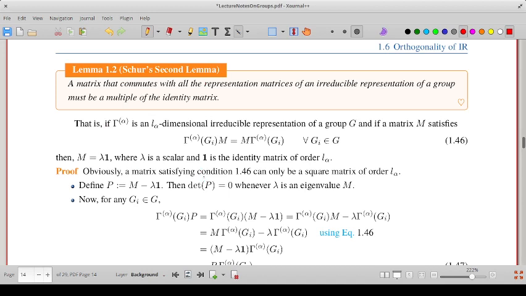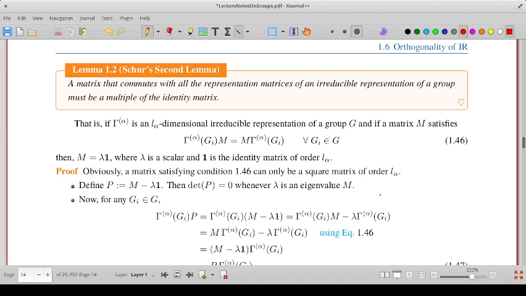To prove this, we first assume that the dimension of the representation gamma alpha is denoted by L alpha, and we define a new matrix P, which is the matrix M minus lambda times the identity matrix of order L alpha. Now, whenever this lambda is one of the eigenvalues of M, then the determinant of this matrix P will be 0.